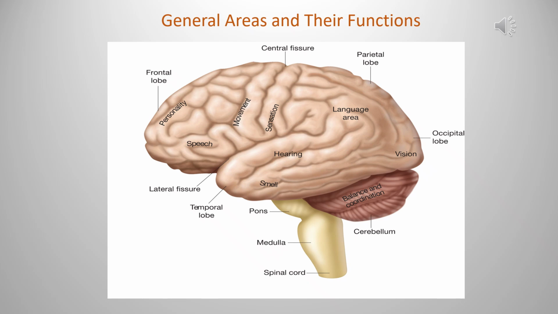You may recall when we talked about the limbic system structures, the prefrontal cortex, situated just over the eyeballs there, listed here, the characteristic of personality, all of those other things that are uniquely human qualities are situated there just over the eyeballs in the frontal lobe.